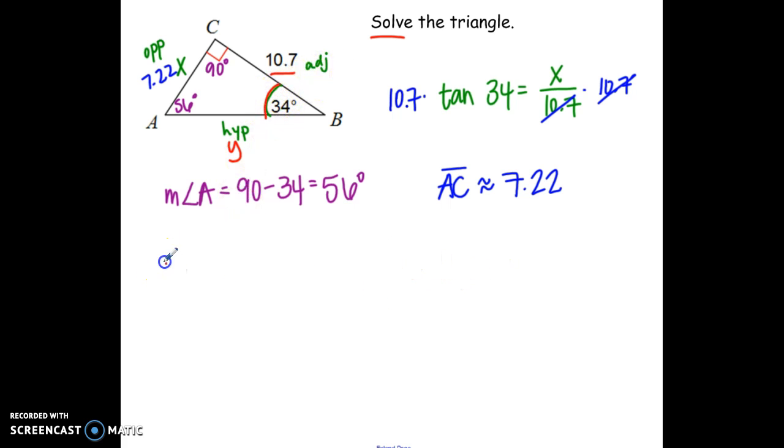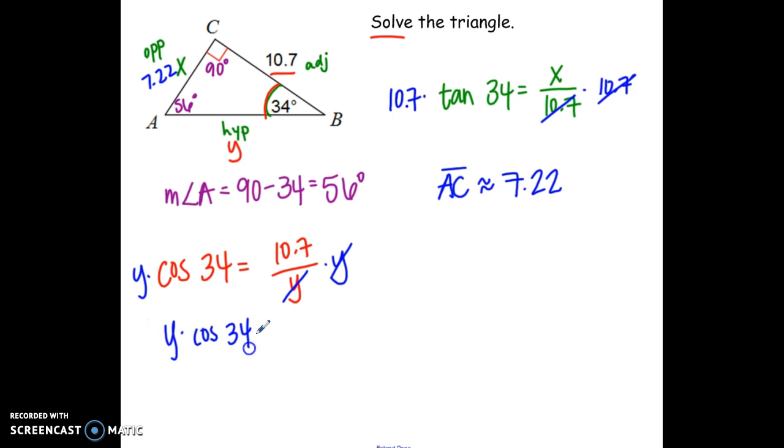So I could say that the cosine of 34 equals 10.7 over y. And remember, to solve for y, especially when it's in the denominator, it takes a little bit more time. You've got to multiply both sides by y first to get it out of the denominator. So we have y times the cosine of 34 equals 10.7. And now to get y by itself, we would divide both sides by that cosine of 34.